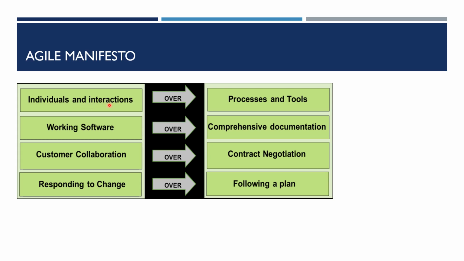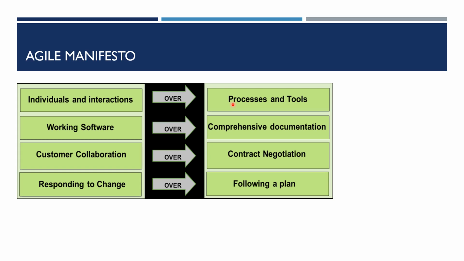First one, individuals and interactions over processes and tools. In Agile, we value the individuals and the interactions between them more than defined processes and tools.